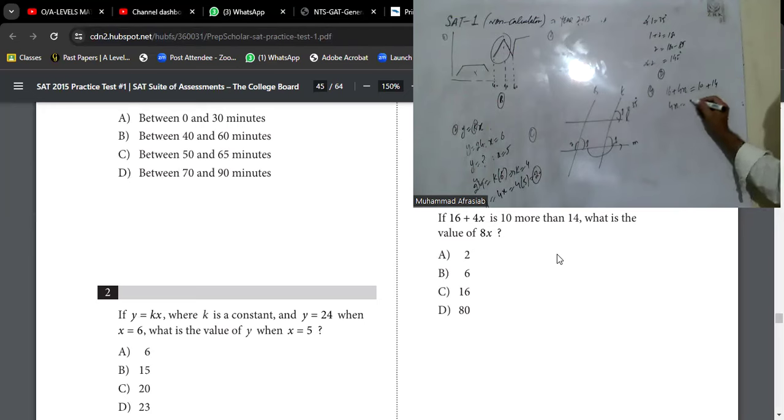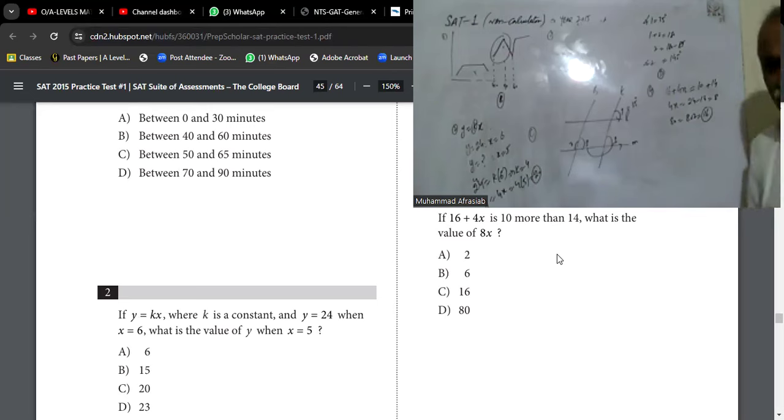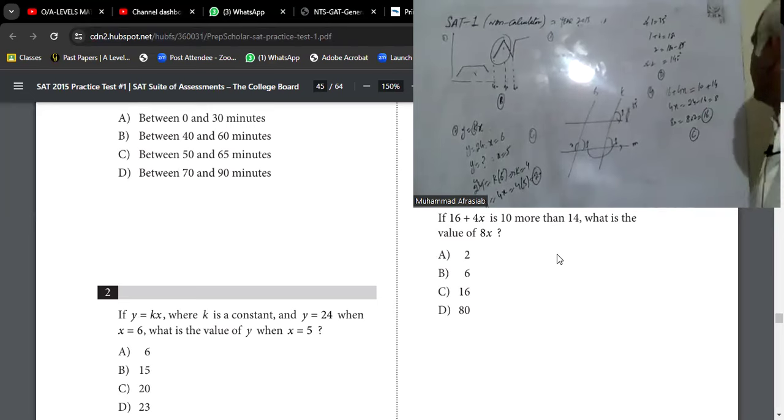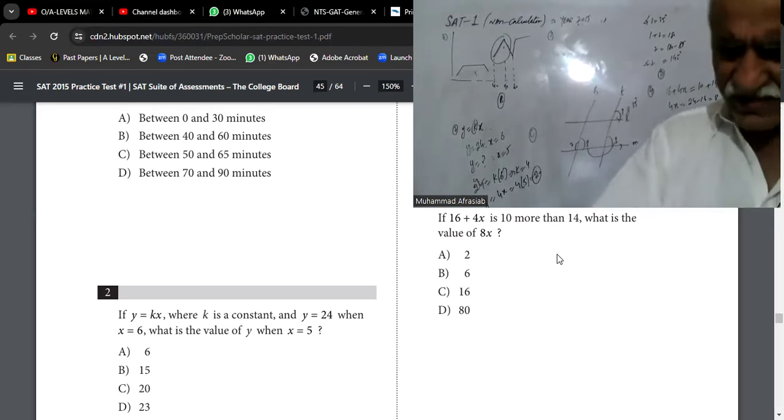So 4x is equal to 10 plus 14 minus 16, that is equal to 8. 4x is equal to 8, then 8x will be equal to 8 into 2, that is equal to 16. So 16 is the answer, choice C.